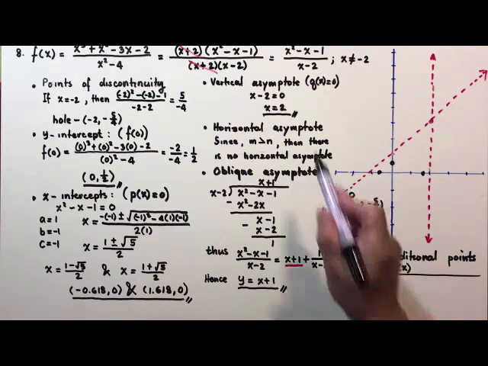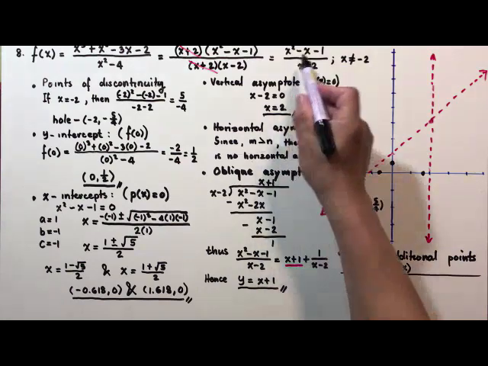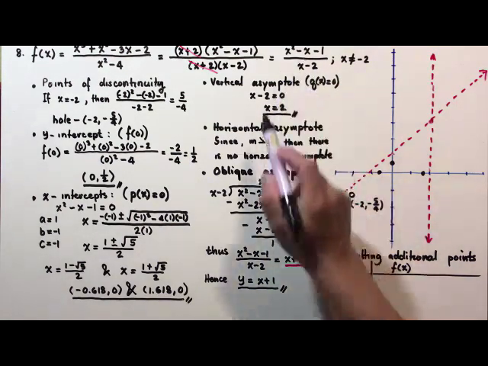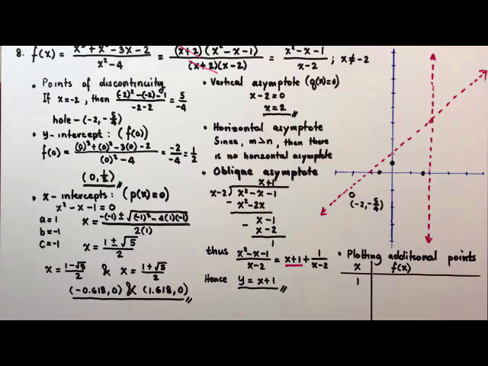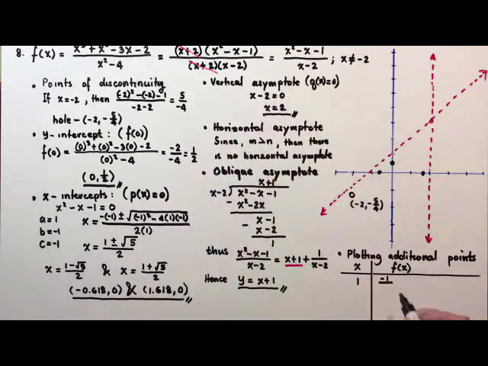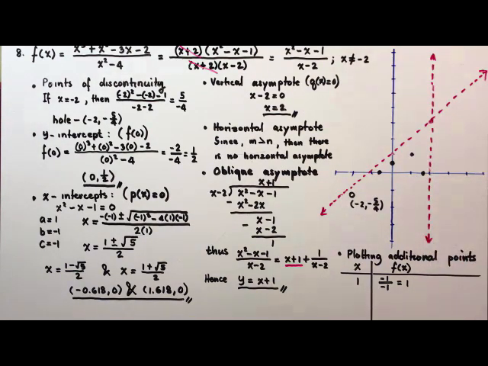Substituting this to the reduced form, that is 1 squared minus 1, and 1 squared is 1, so 1 minus 1 is 0, but I have a -1 in the numerator. And in the denominator, we have 1 minus 2, which is -1. And then -1 divided by -1 is 1. So the point has coordinates 1, 1. So here is the point.